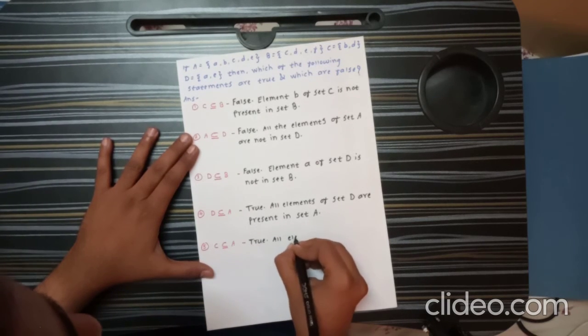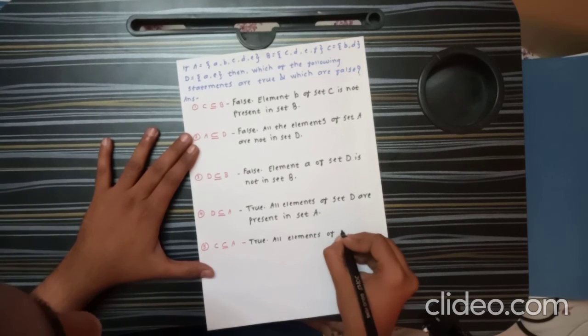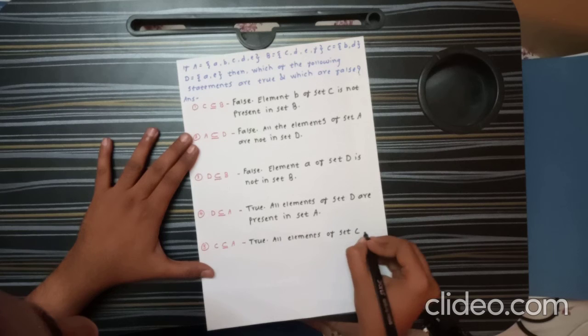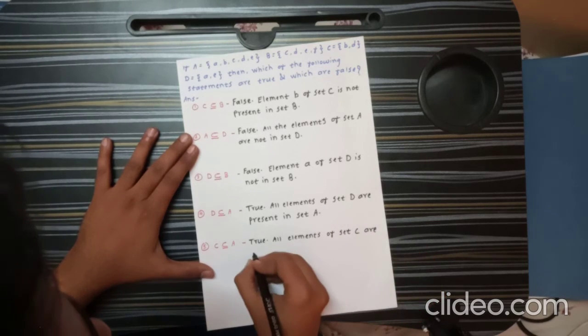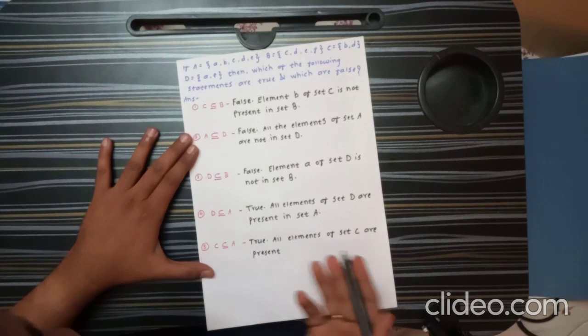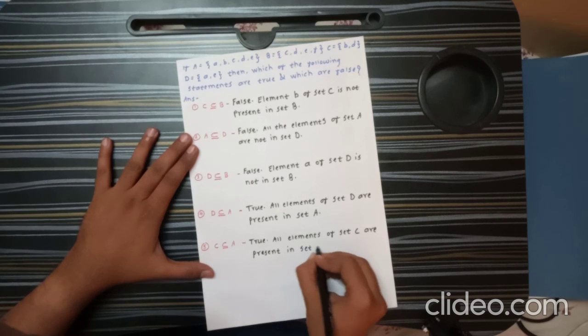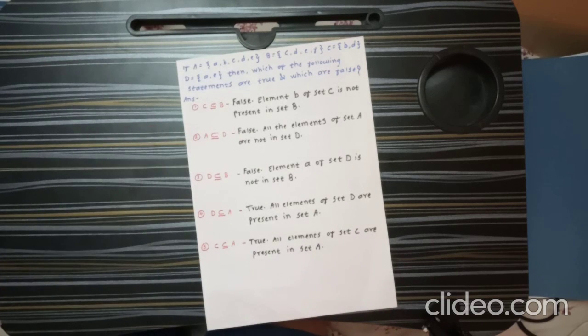All elements of set C are present, or you can say are a part of set A also. So with the help of proper justification, we can decide whether the given statements are true or false for deciding the subset of some another set.